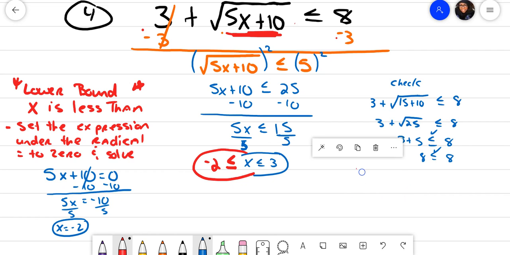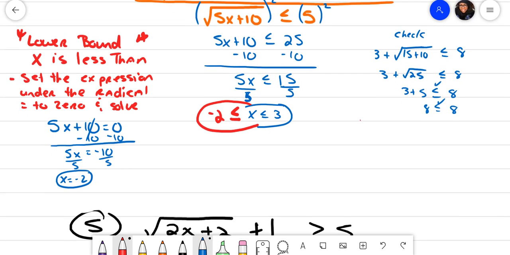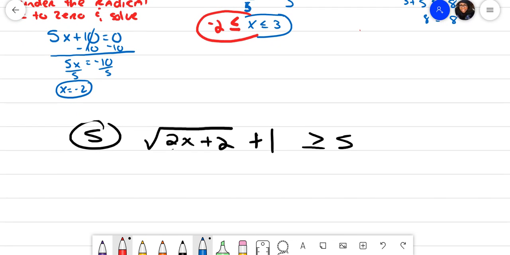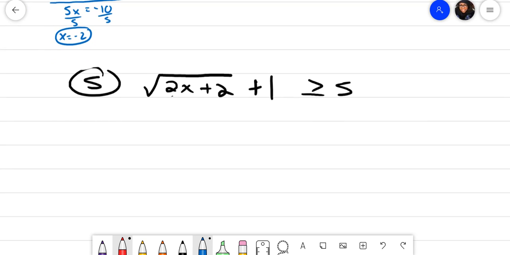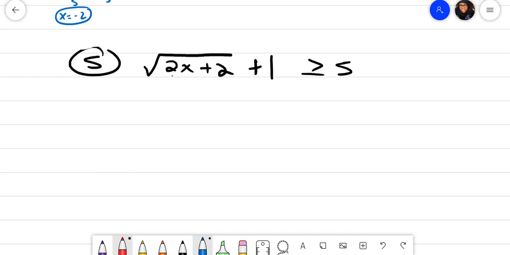All right, let's try a second example, number 5 here. For number 5, guys, in the beginning, nothing's going to change from just solving what we were doing with the equations. So we're just going to subtract the 1.